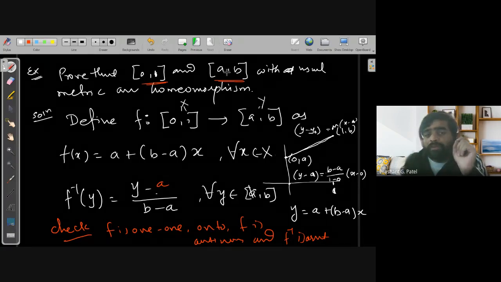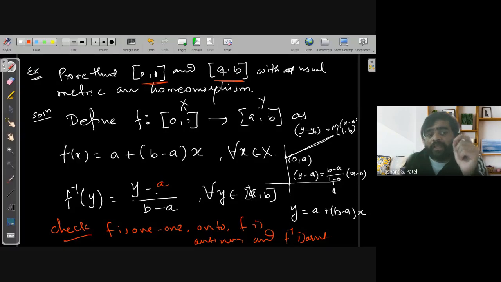What does it mean? It means that studying the closed interval [0, 1] is equivalent to studying a closed interval [a, b]. Okay, so that you are able to prove here.